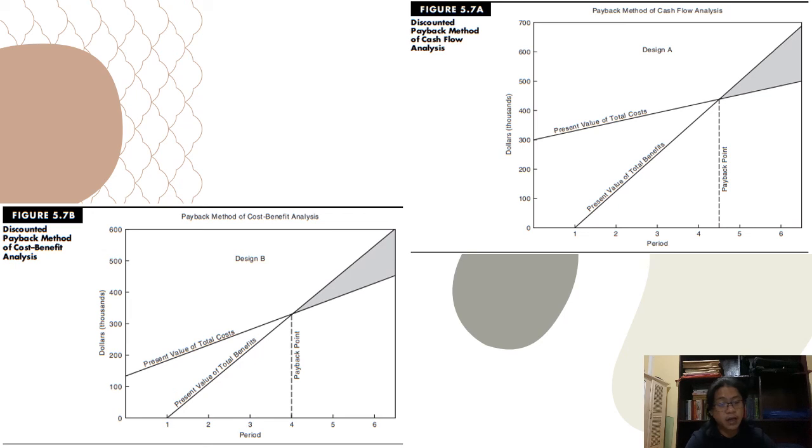Using this criterion, Design B with a payback period of 4 years would be selected over Design A, whose payback will take 4.5 years. The length of the payback period often takes precedence over the considerations represented by intangible benefits.